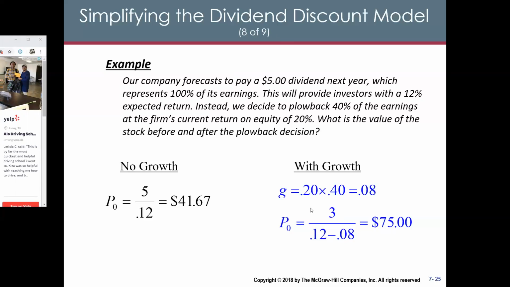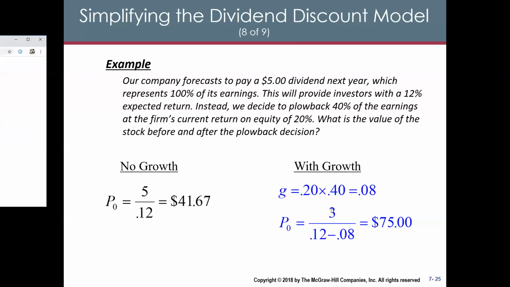So now the dividends become 5 times 1 minus 40%, or 5 times 60%, that's $3, divided by R minus G. R is the interest rate or discount rate, 12% here, and the growth rate is 8%. So 12% minus 8%. That gives P0 as $75.